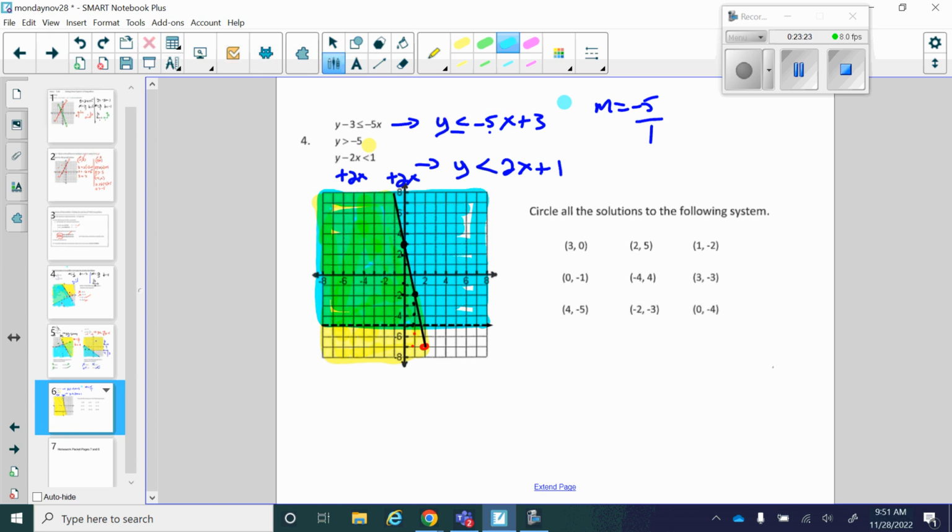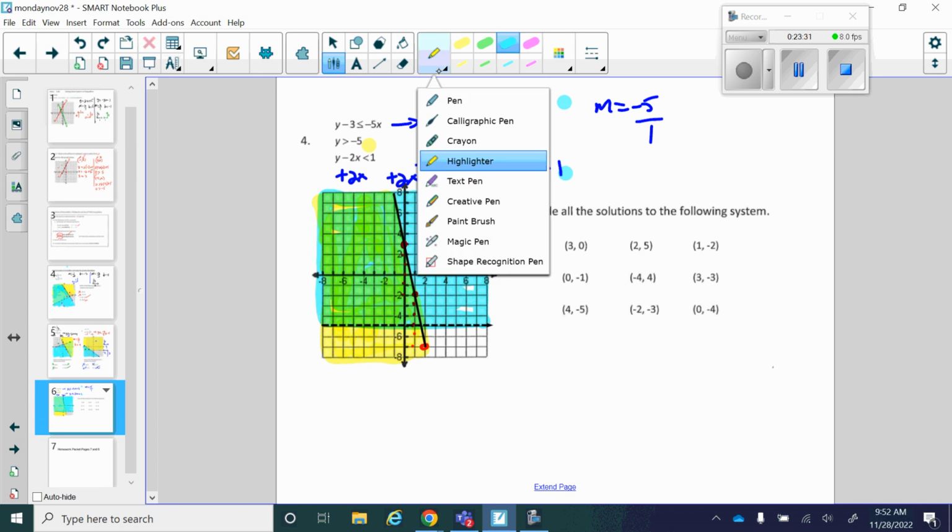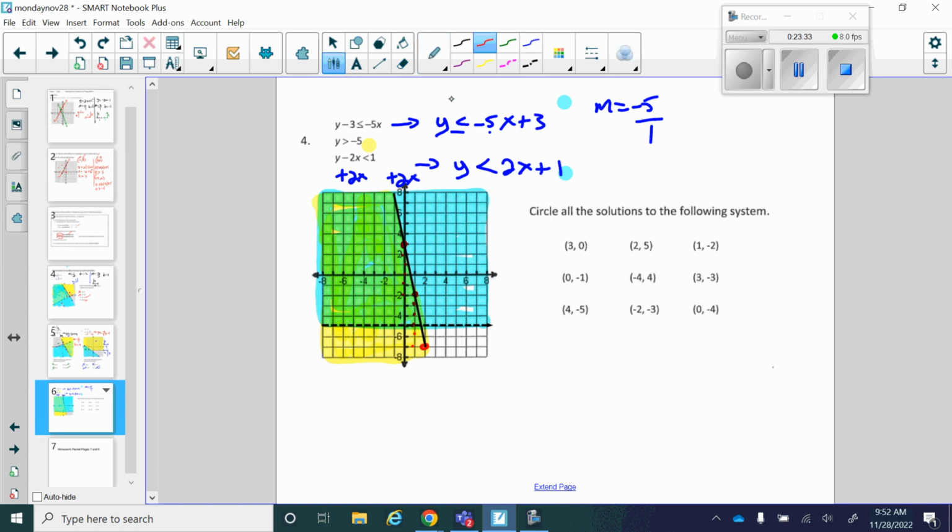But I'm not done yet now. I have one more line to go. And so this one now, my m is equal to 2 over 1. And my starting point is b is equal to 1. Which is right here.